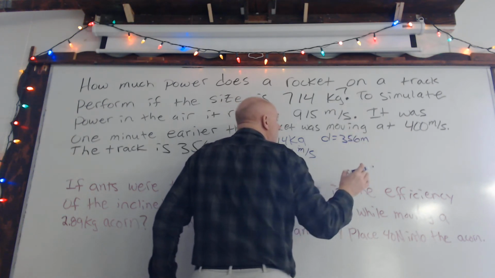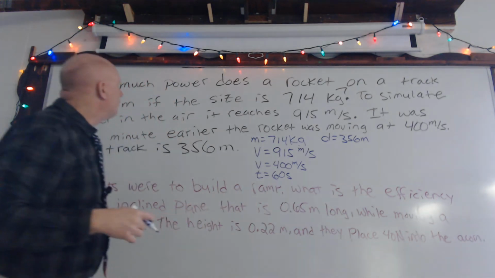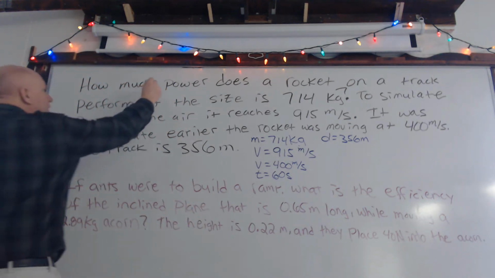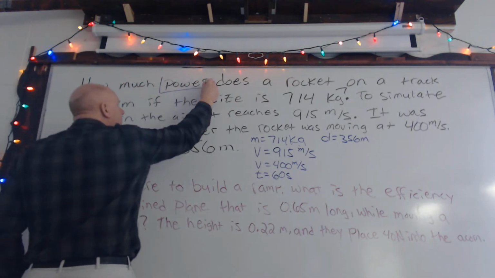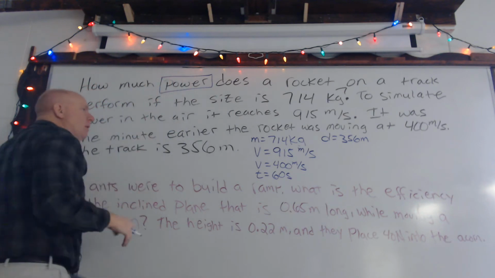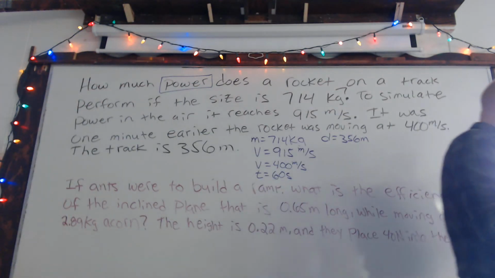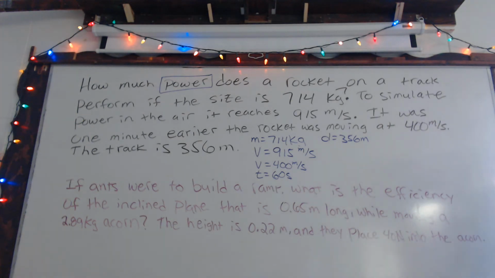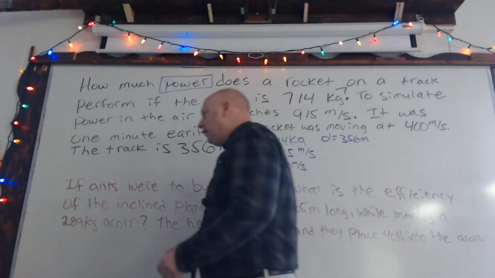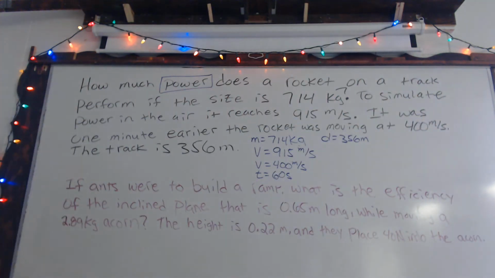Okay. Well, what's the question ultimately asking for? Well, it's looking for power. And remember, in order to calculate power, you need to find the amount of work done first. Power is how much work is being done in an allotted time frame, or how efficient that was. So with this given information, we need to find the force first.